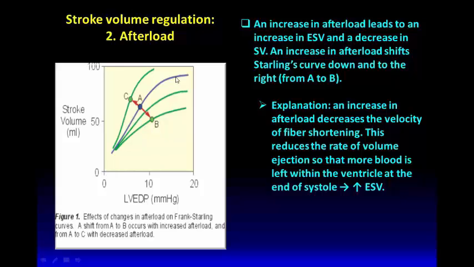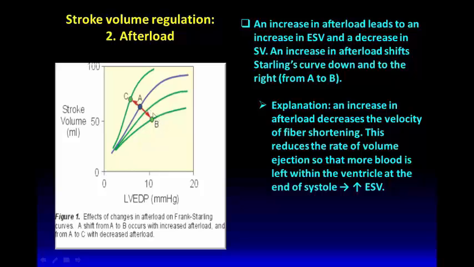And the curve in blue is a normal Starling's curve when the afterload of the left ventricle is normal, when the aortic pressure is normal. An increase in afterload leads to an increase in the end systolic volume and a decrease in stroke volume, as we mentioned earlier. Thus, an increase in afterload shifts Starling's curve down and to the right, from A to B.